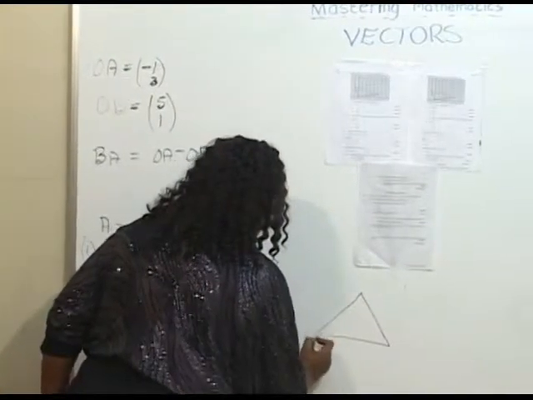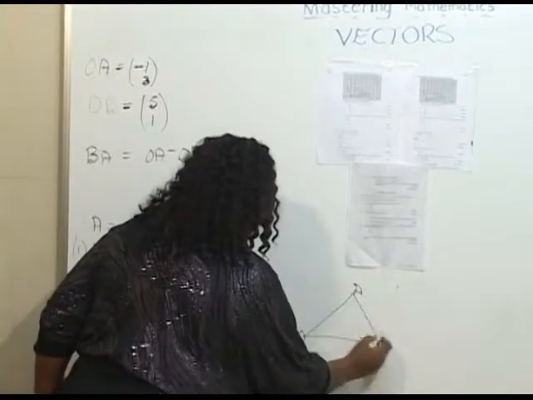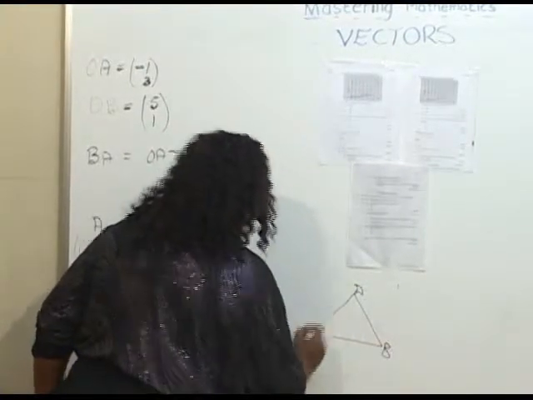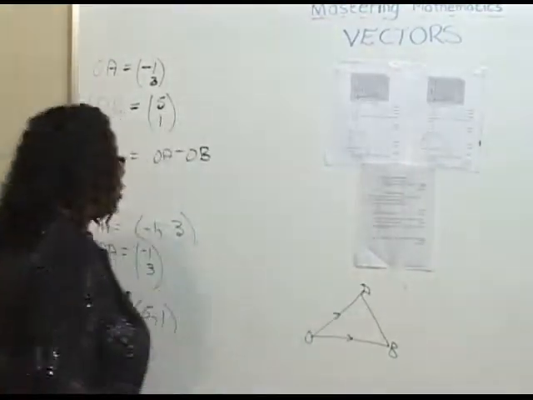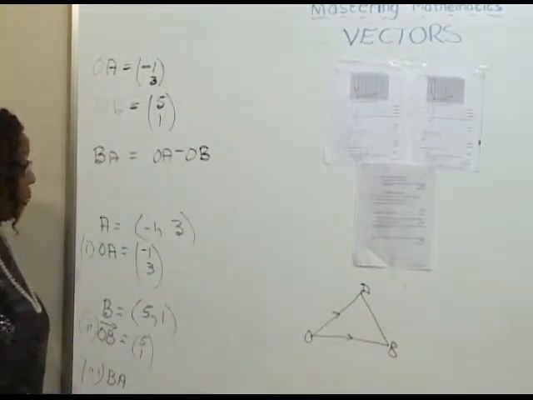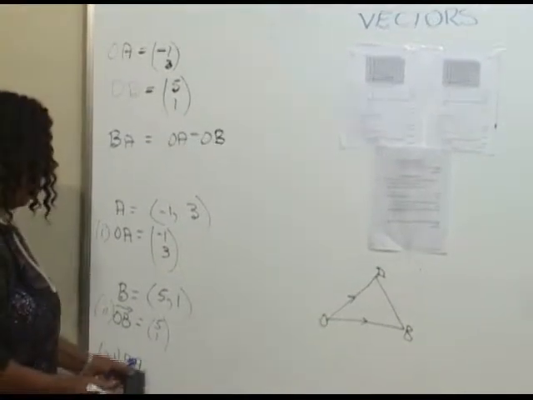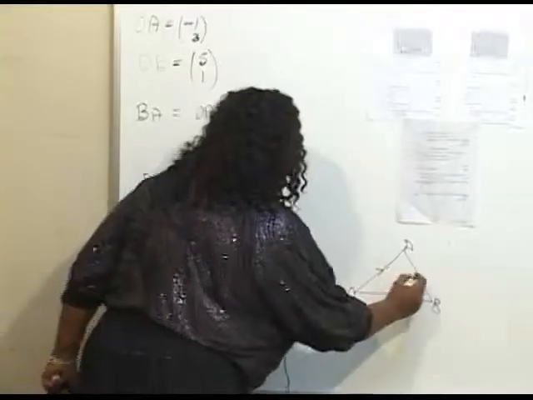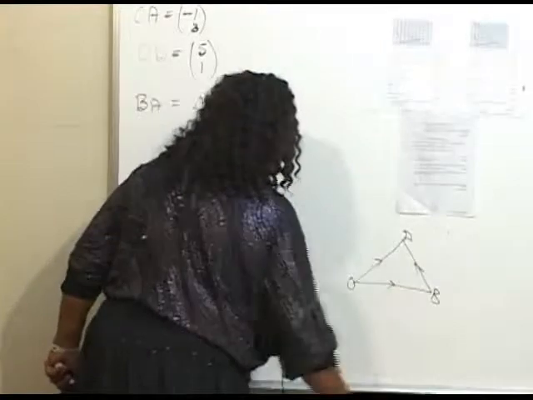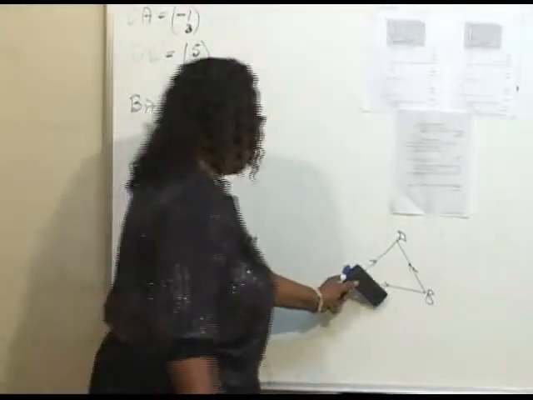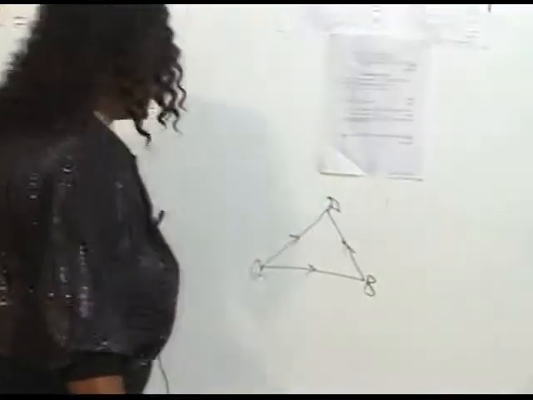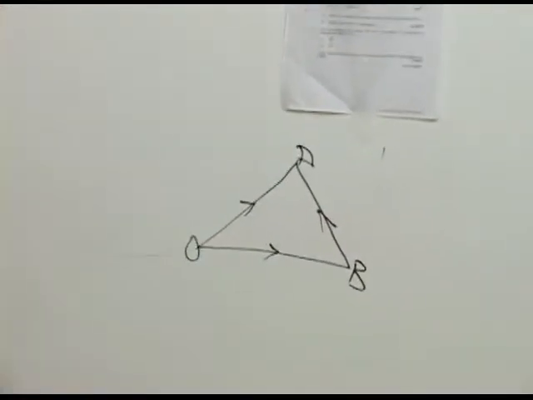So if we're starting from O, and this is A, and this is B, so we know right away it's starting from here, starting from there. The arrows are going in those directions. And then they have now asked us to find BA. And so we are going up here. And what do we see? These are going in the same direction. So that BA is a side.